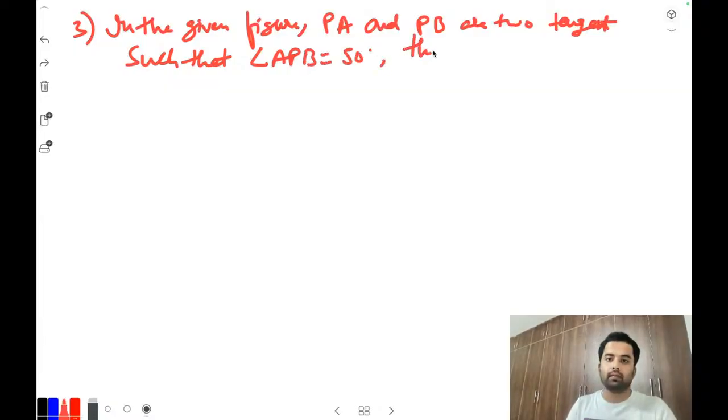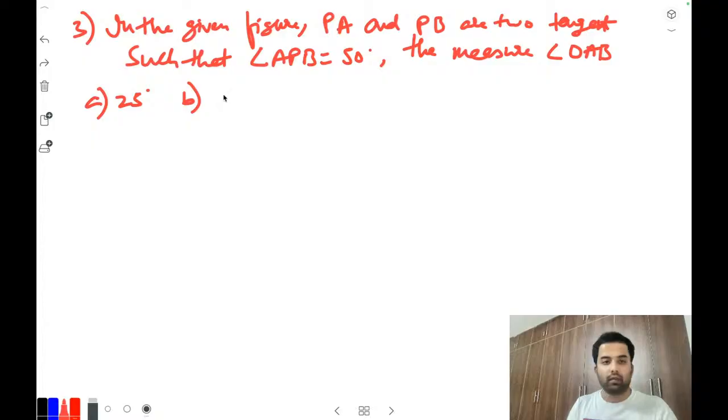Then measure angle OAB. Let me keep the values first. Option A is 25 degrees, option B is 50 degrees, option C is 75, and D is 100.